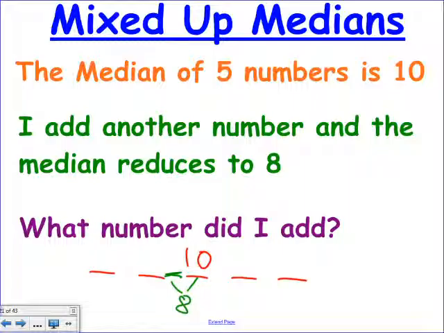The reason I know what the missing number is, according to my triangle, sum, mean, however many numbers I've got, I know I've got 2 numbers and I know my mean is 8. So 8 times 2 equals 16. So the sum of my 2 numbers is 16. If I know one of the numbers is 10, what's the other number? You're happy with how I did that? You see how they're playing on the fact that you go from an odd set of data to an even set of data.